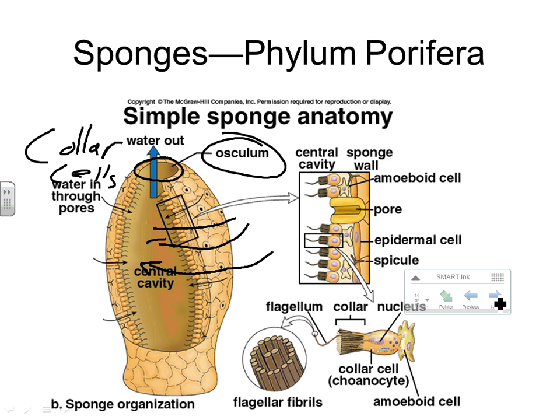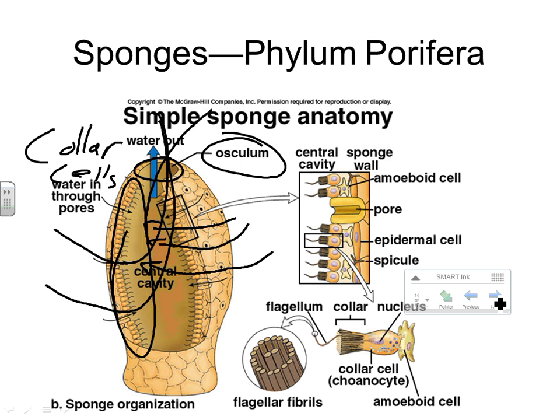And then once it's filtered, it goes out the top. So it's sort of a one-way flow. In through the pores, out through the top. These collar cells in here are in charge of filtering it out, getting anything that the sponge can use out of the water, and then just sending it on. So there's not much to them. Pretty simple. That's about as complicated as it gets.